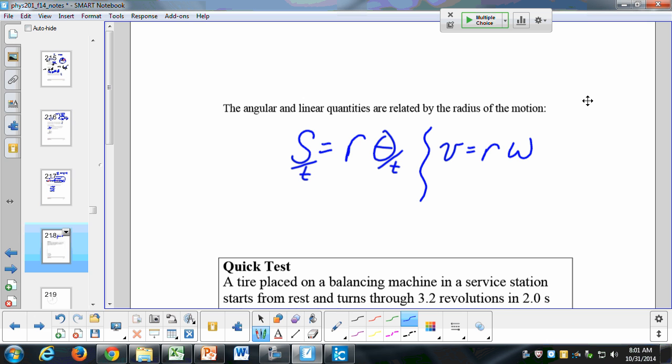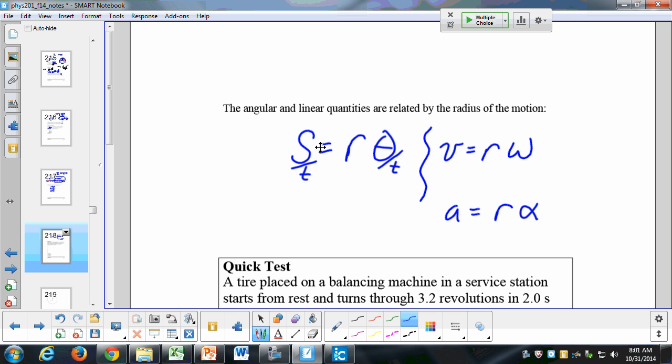And then if I divide both sides by t again, I get an expression for the acceleration, which is going to be r times alpha. So all of these quantities are related to one another by the radius of motion. So if I have a certain object spinning at a certain angular velocity, and I want to know the linear or the tangential velocity at a particular point, then I can just multiply times the radius. We'll see that come up in just a bit.